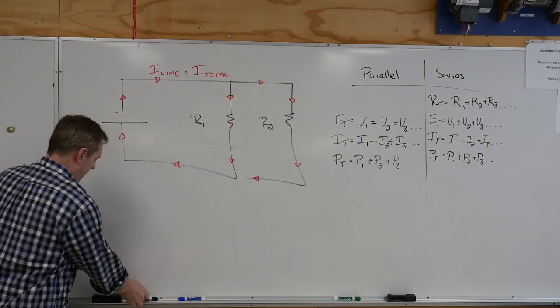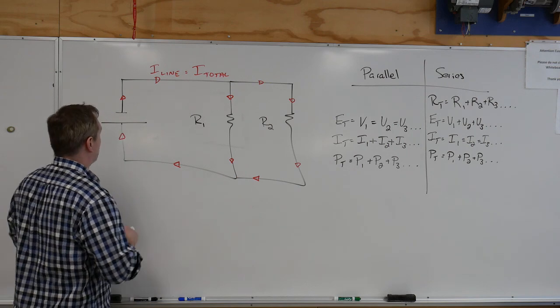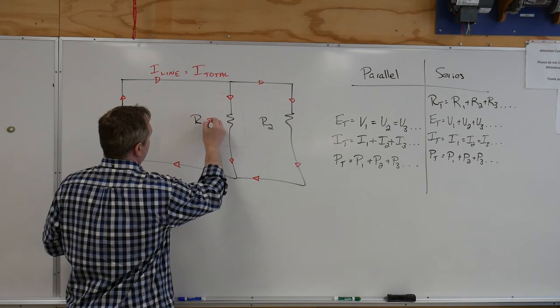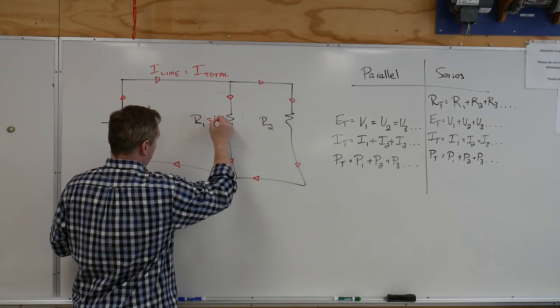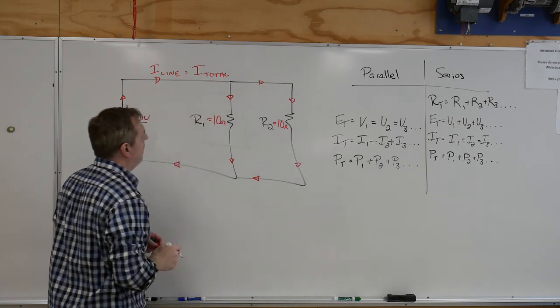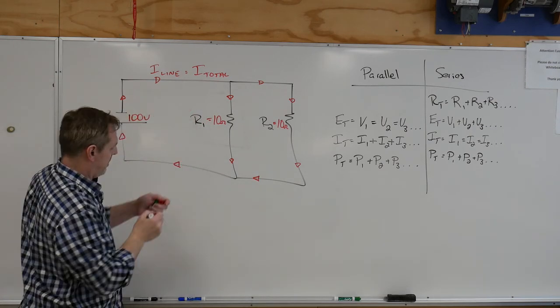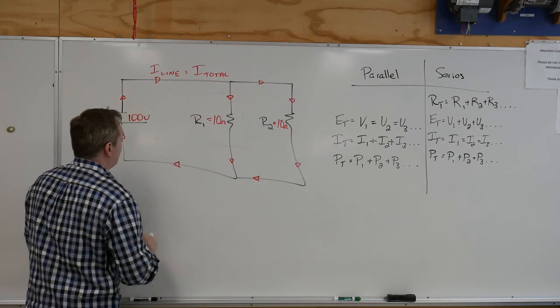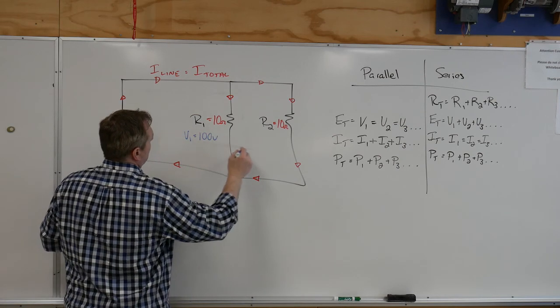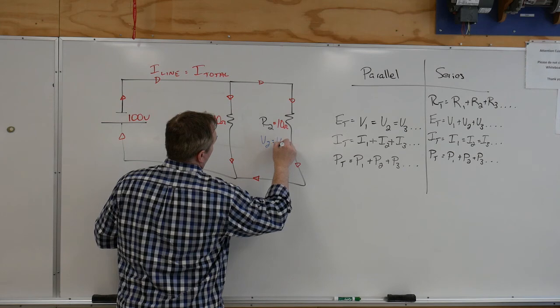Now, if I gave us an example here of 100 volts, okay, and each of these resistors were 10 ohms, I know that I've also got a V1 of 100 volts and a V2 of 100 volts.